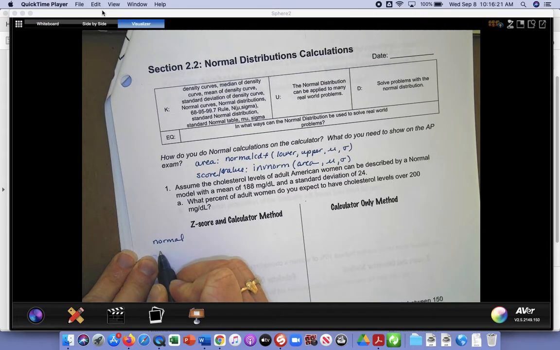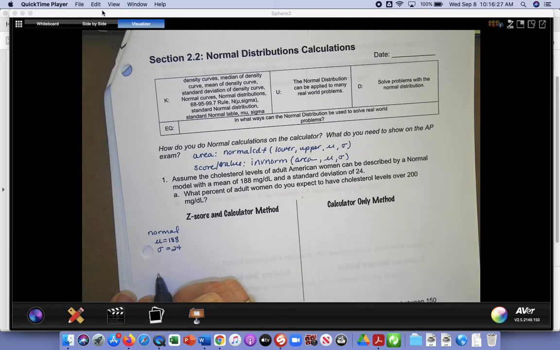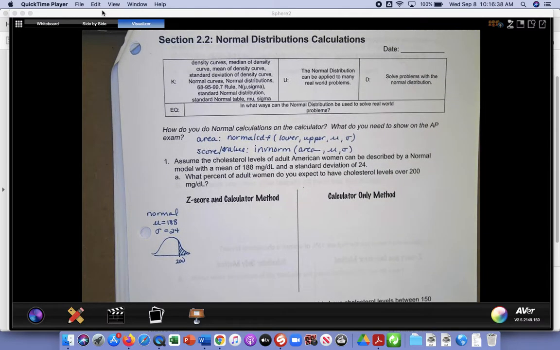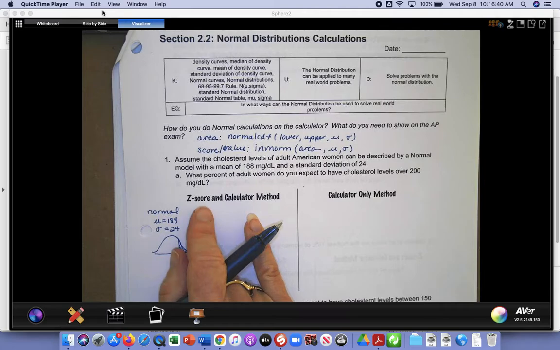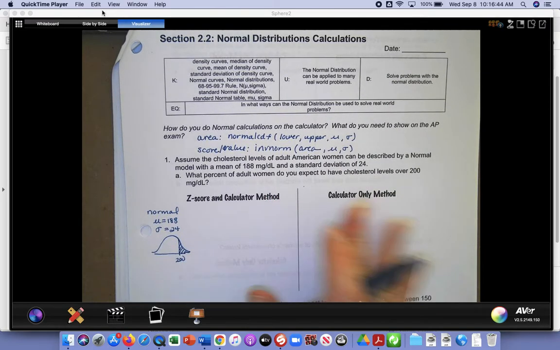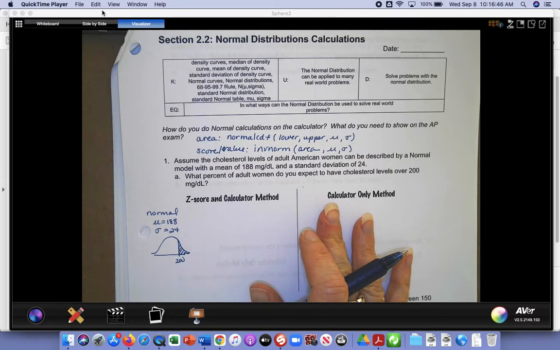So you would write down normal. There's the mean. There's the standard deviation. You would still draw your picture. So we want over 200. Okay. There's two ways. So I'm showing you the calculator. One way is to still find the z-score, but instead of using the table, I'm going to use the calculator. Then there's one way where we just don't find the z-score at all.